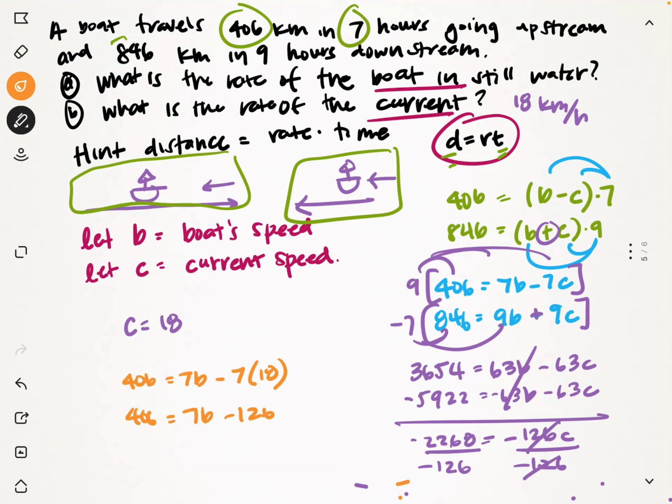And we're at a 2-step here. So we're going to add 126, and then 406 plus 126 is 532. And then we just have to divide by 7. It's 76.